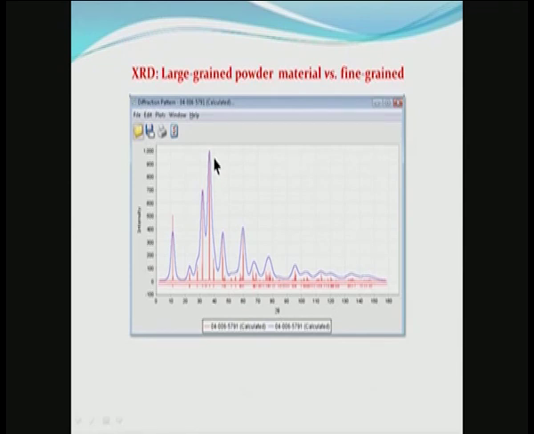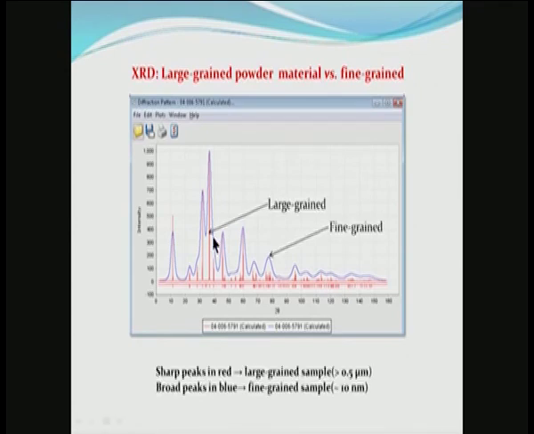This is calculated, and you can see that when there is a large grained material as here, you can get very sharp lines, and the blue line represents the same material where the particle size or the crystal size is smaller. So, the large grained material gives us sharp lines represented by these red ones over here, and it's the same material when its crystal size is small, the same powder material gives us these broader peaks.